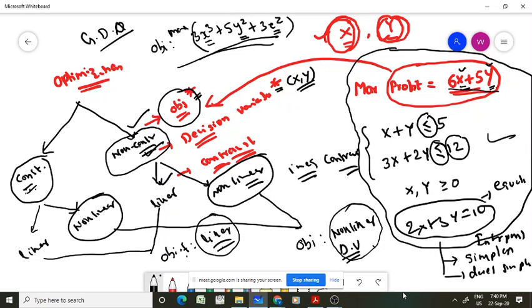Similar to the interior point, simplex, and dual simplex methods, which are used to solve linear optimization problems, in the same way we use the gradient descent algorithm to solve non-linear optimization problems.